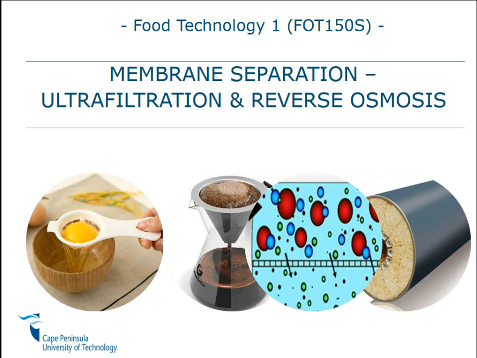Also, starch can be separated using membrane techniques. So now that we know about where these can be used, we'll also briefly look at it in the following slides. But what are the requirements for a membrane? What should the membrane conform to? Let's look at that in the next slide.